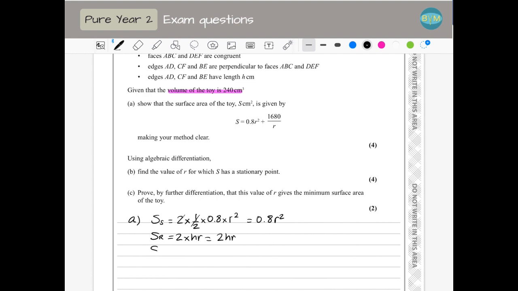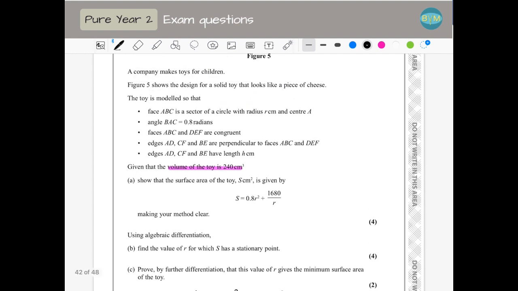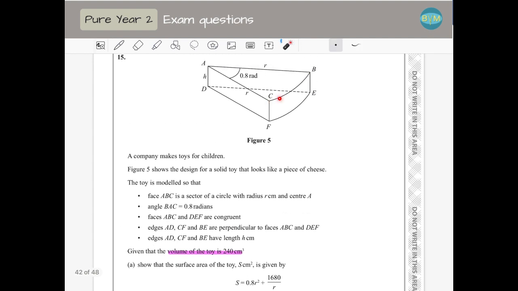And then I have that curvy thing, so I'm going to write C. But you see it's going to be a rectangle. This is h, and this is going to be the arc of this sector. The arc when the angle is in radians is just r times the angle, so 0.8 r times h.